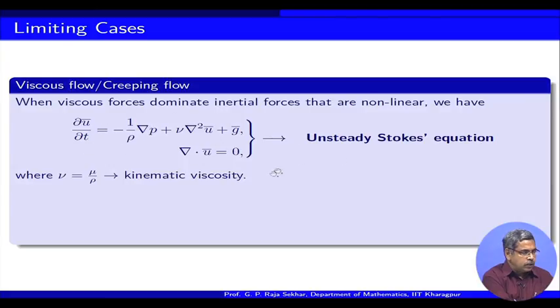This is the unsteady Stokes equation. These are some limiting cases. Of course, we will pay much closer attention to the competition between viscous and inertial forces when we discuss non-dimensionalization.